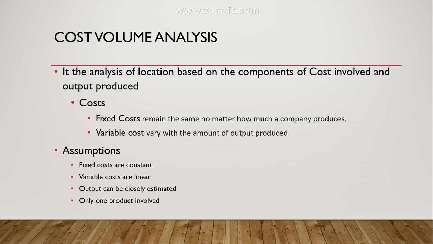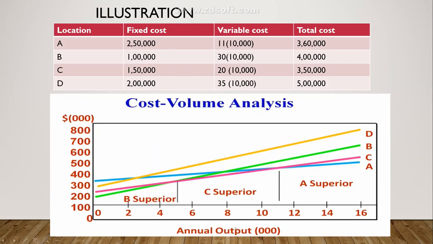I'll explain with the help of numbers. I have taken as an example locations A, B, C, D, four different locations. This is the survey we have done, and we have got this data.